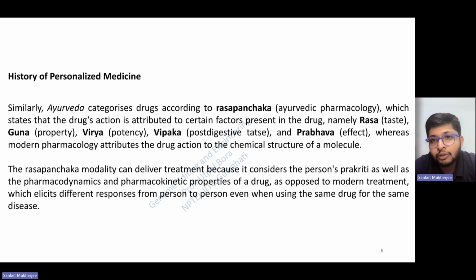Whereas modern pharmacology attributes the drug action to the chemical structure of the molecule.